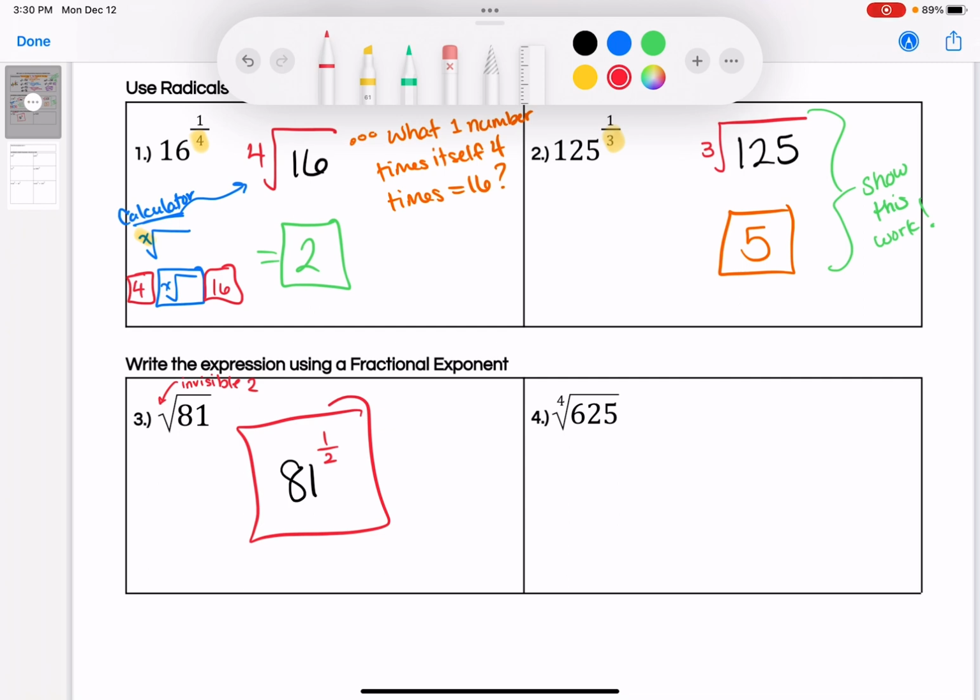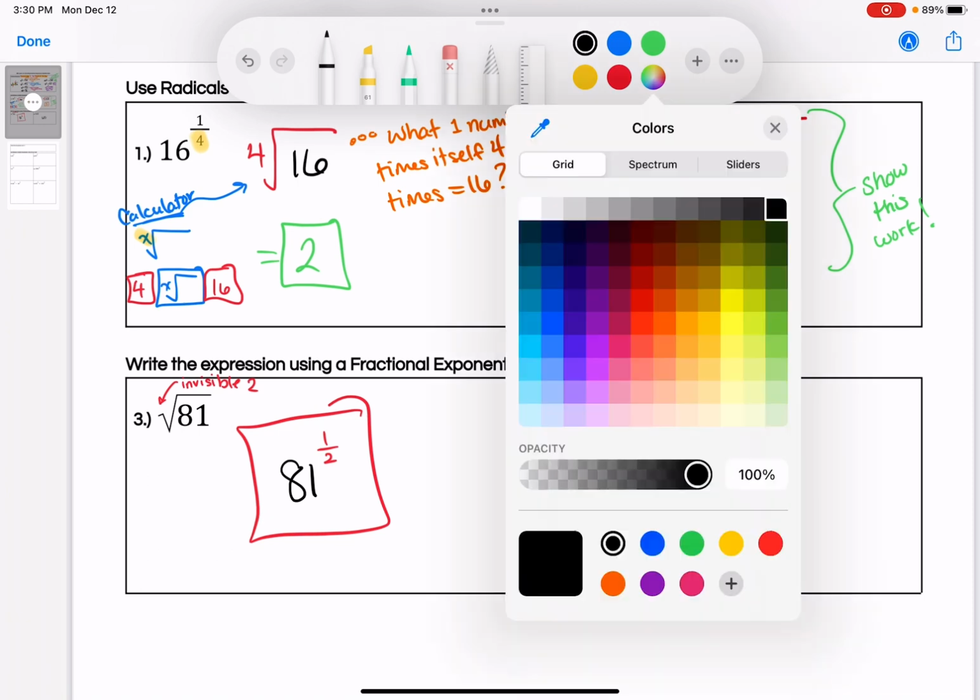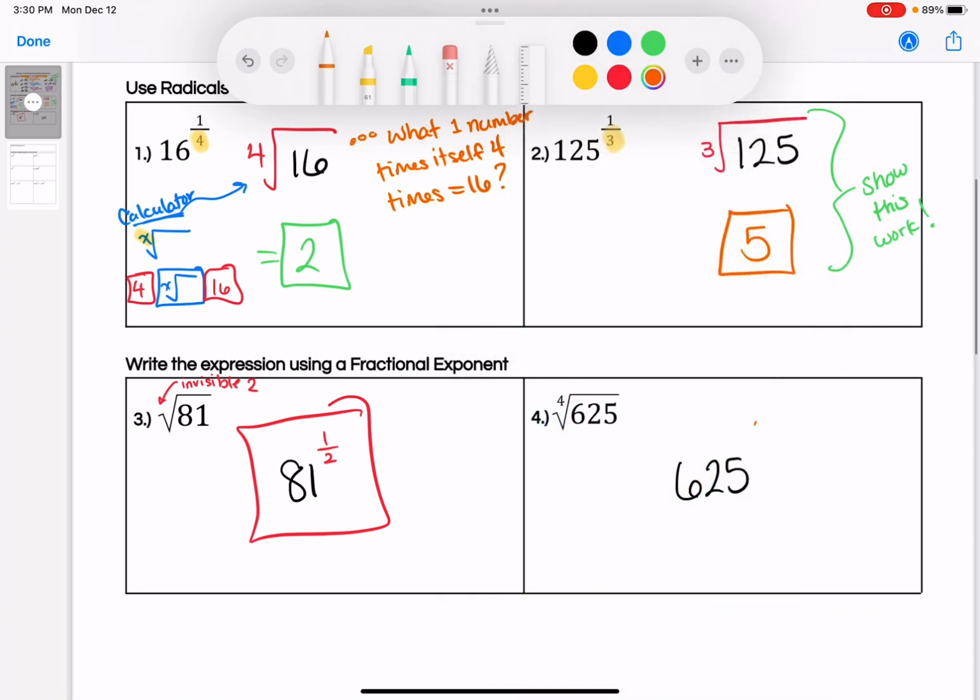Here on this next one, if I have the 4th root of 625, that would mean I have 625 to the 1/4 power, right? That degree of the root is the denominator. Hopefully those are pretty easy. We don't do anything else after that because it's just practice rewriting it using the fractional exponent instead of the root, kind of going backwards of the other two.